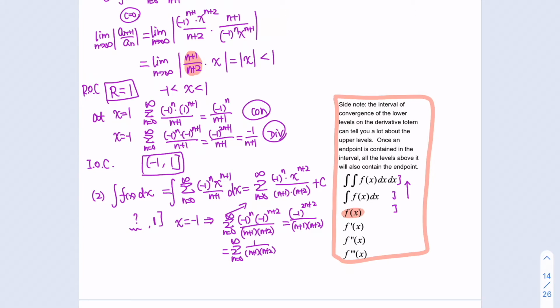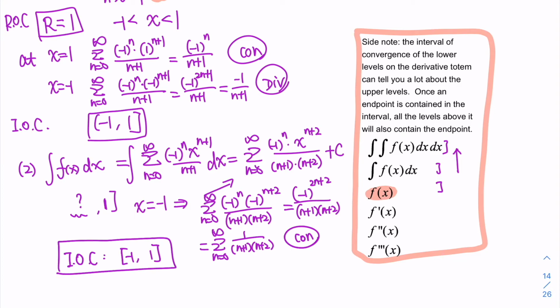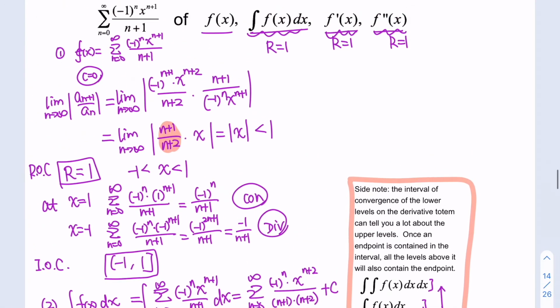You don't have to simplify it. This is very similar to a p series, p equals 2, so this one converges. So our final answer, the interval of convergence for this one, will be the closed interval negative 1 to positive 1. Once f of x is closed on each side, all the upper levels, the integral or double integral, will converge. We don't have to prove it.